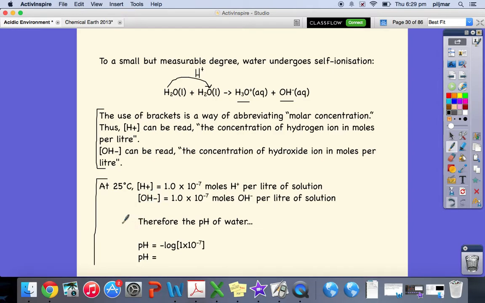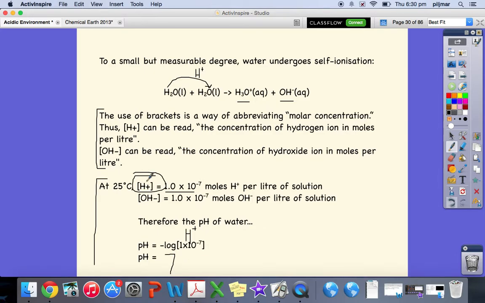So if we use our pH equation, the pH will be negative log of 1 times 10 to the power of negative 7. Where did we get that? We got that from the hydrogen ion concentration in water at 25 degrees Celsius. If we plug that into our calculators, you'll get an answer, hopefully, of 7. So this is where our pH of 7 comes from.